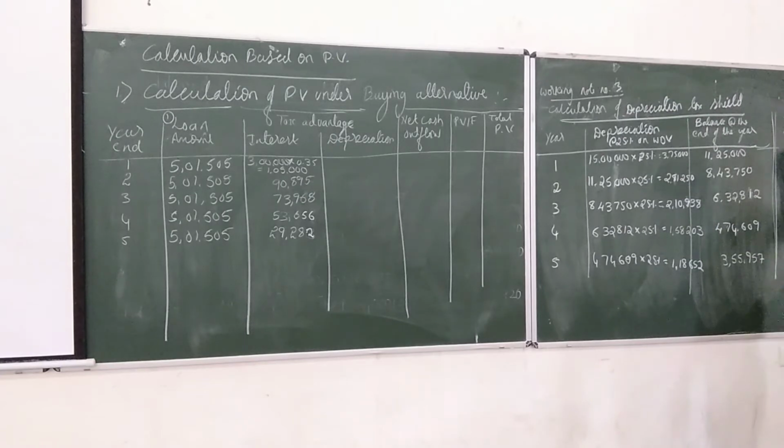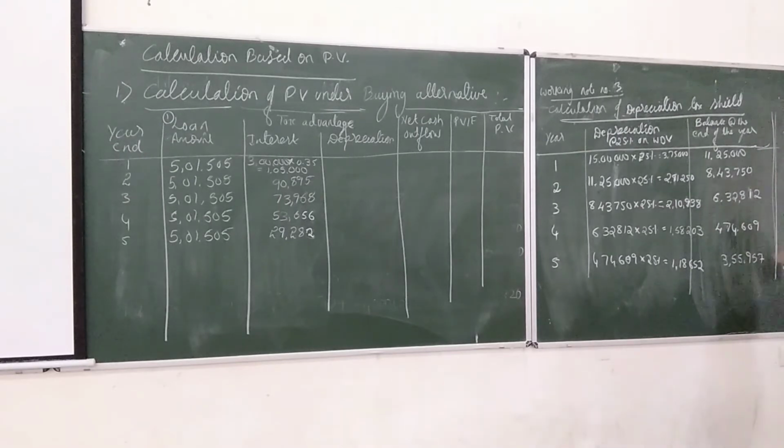How much? 3,93,750. Correct? Is it correct? Okay.